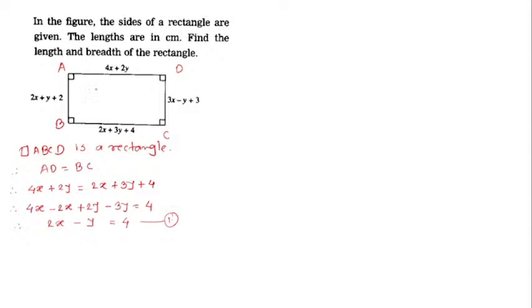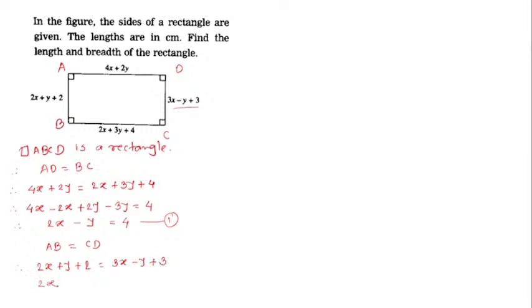In the same way, let's take the other pair. That is, AB is equal to CD or DC. The length of AB is given here as 2x plus y plus 2. So 2x plus y plus 2 is equal to the length of CD, which is 3x minus y plus 3.